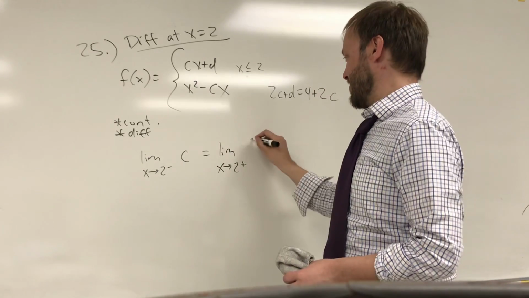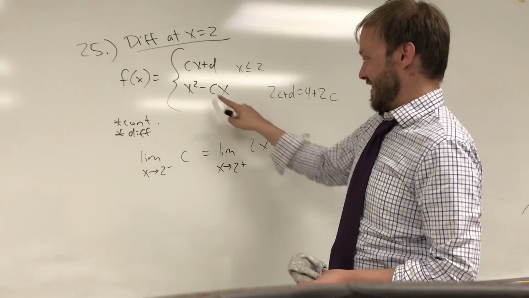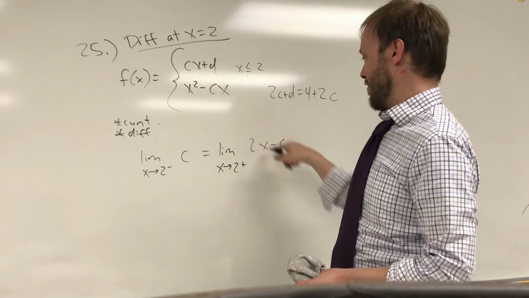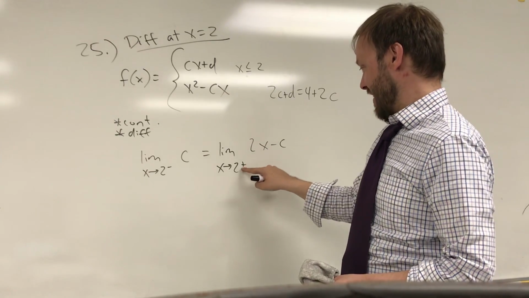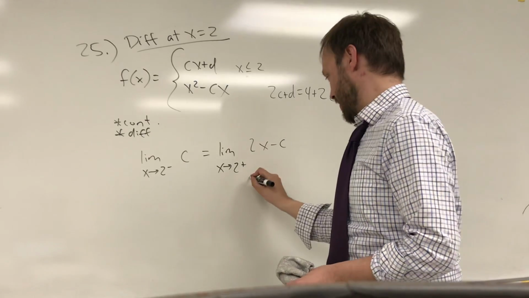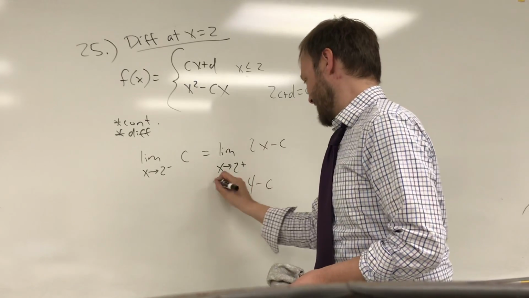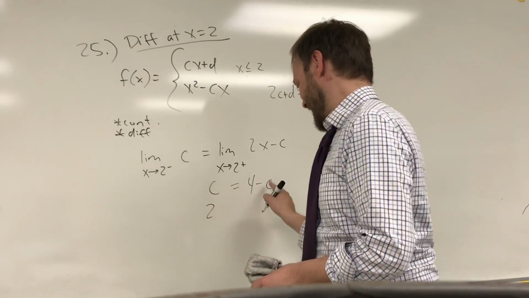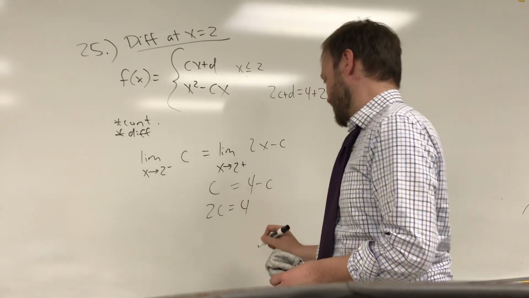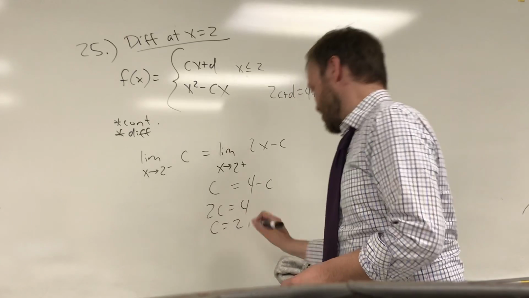That derivative there is 2x minus c. That's a constant, right? 1 times c, drop the power by 1. Okay, the limit of this as x approaches 2, we can sub in 2 there. We'll get 4 minus c has to be equal to c on the other side here. Add c to both sides, we get 2c equals 4. So c has to equal 2.